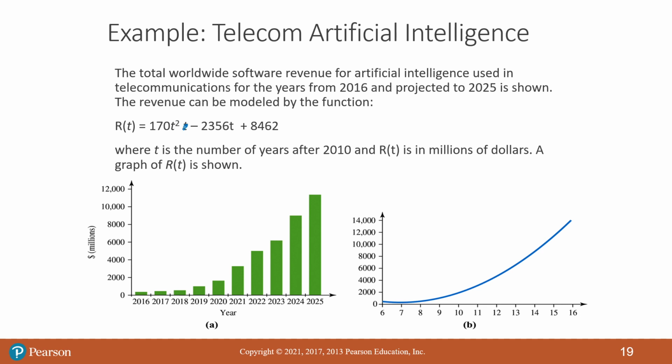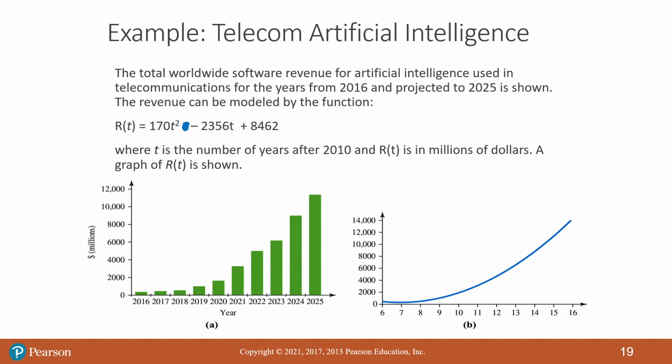This t shouldn't be there, so I'm just going to mark it out with my marker. So this should be the formula here: r of t equals 170 t squared minus 2,356 t plus 8,462, where t is the number of years after 2010 and r of t is in millions of dollars. A graph of r of t is shown.